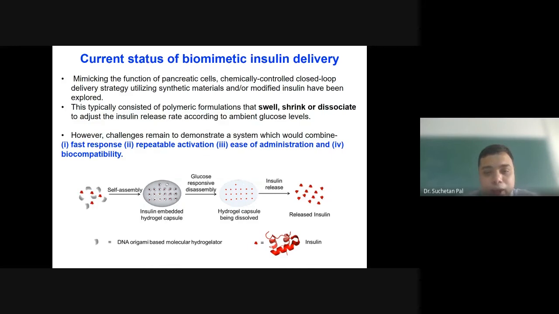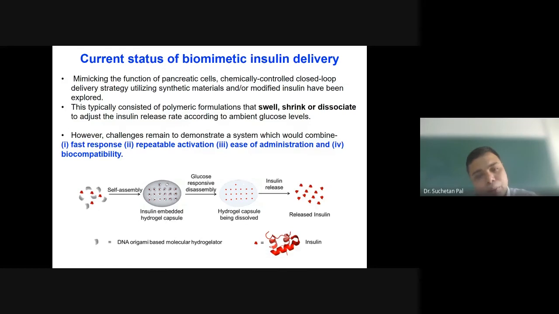But when you have a lot of glucose in your blood, this material will dissolve by the glucose, and the insulin will be released, and therefore this insulin can reduce the blood sugar level. Right. So this is called smart insulin.